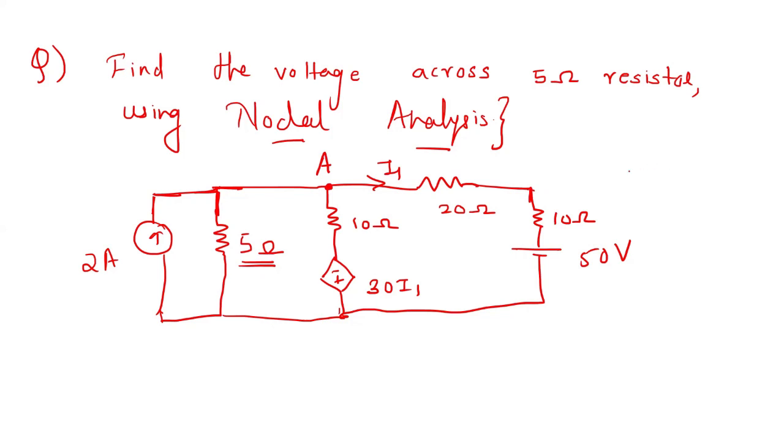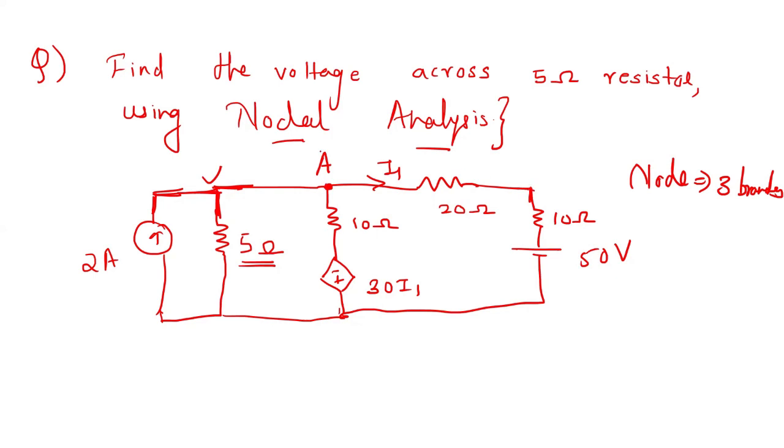If you want to identify a node in terms of nodal analysis, you should have three branches. Here we have only two branches, one, two. Here we have three branches, one, two, three. But since this and this are at the same potential by a short circuit, I can consider this node to be the same as this node. And here you have one and two.